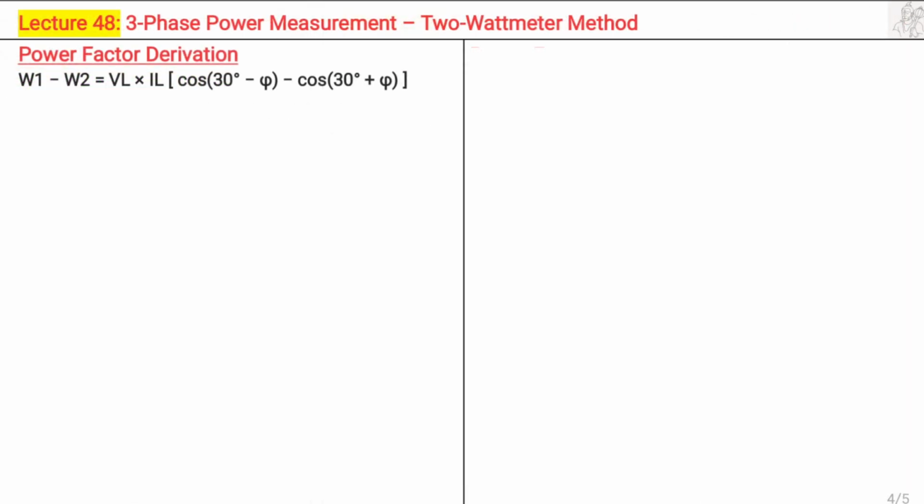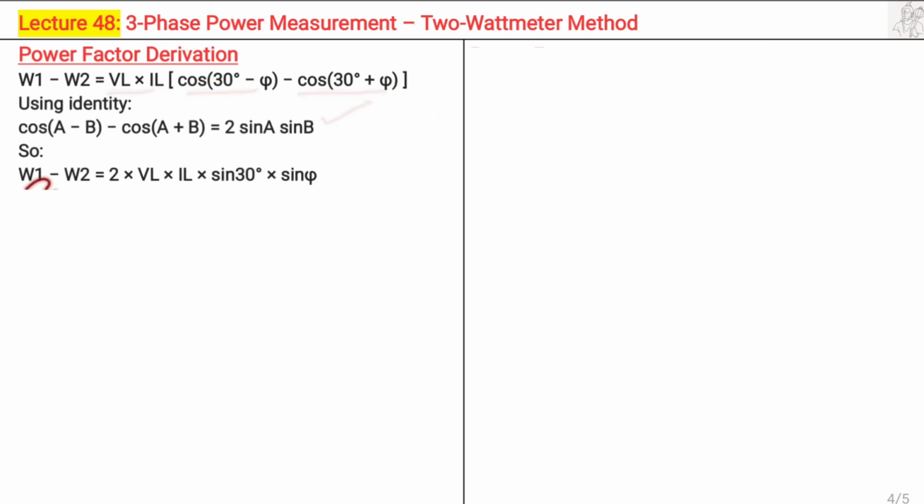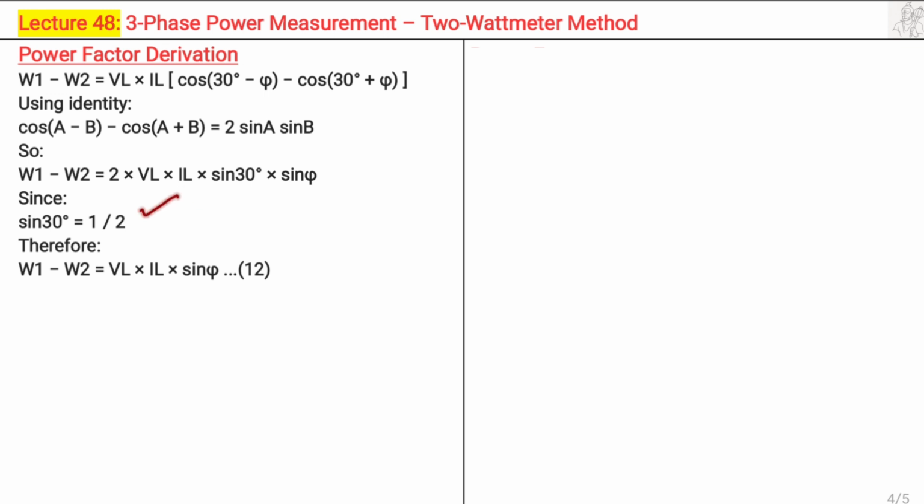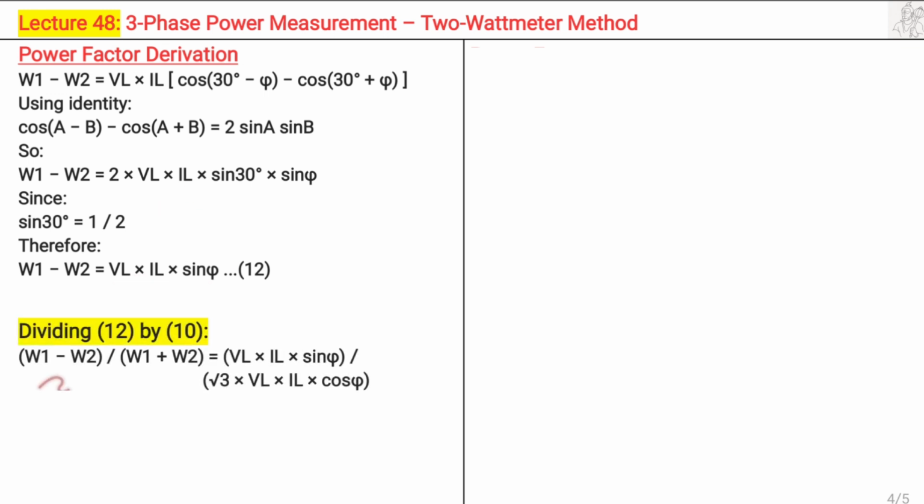Moving on to power factor derivation, W1 minus W2 is equal to VLIL cos of 30 minus phi minus cos of 30 plus phi. Using the identity, W1 minus W2 comes out to be 2 VLIL sin 30 into sin phi. Sin 30 is 1 by 2, therefore it is VLIL sin phi. Dividing the two equations, W1 minus W2 divided by W1 plus W2 is VLIL sin phi by root 3 VLIL cos phi.